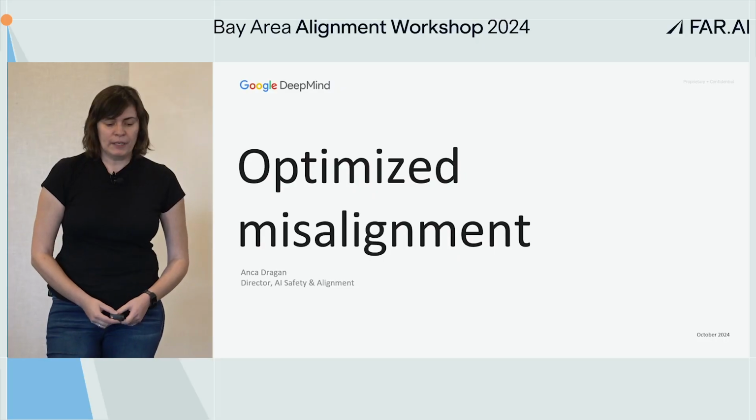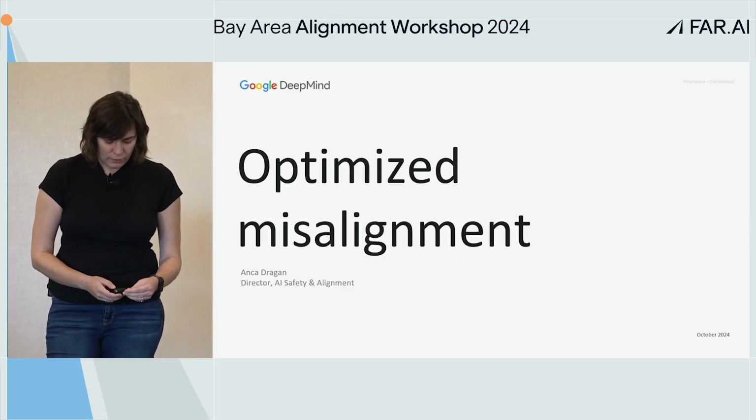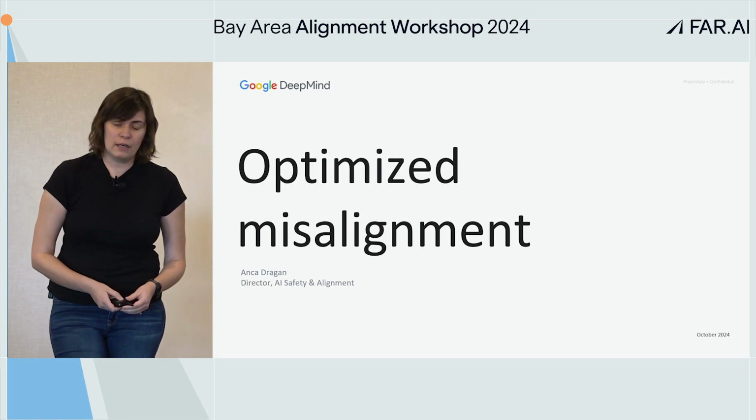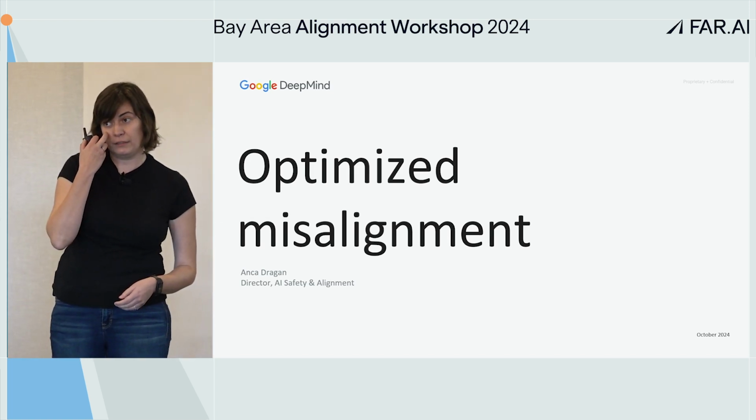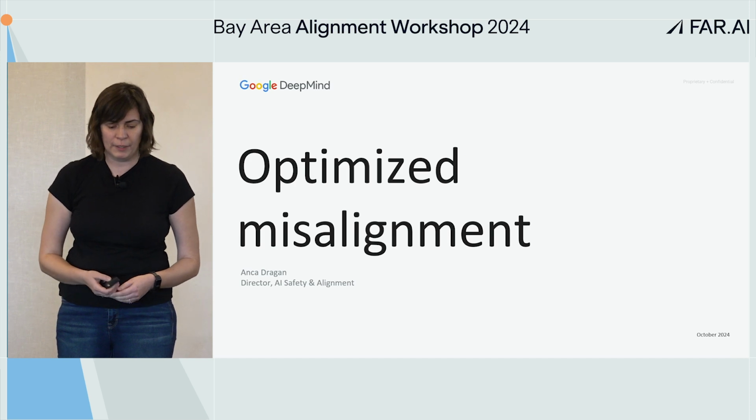If you've been in the community for a while, it's really just my advice to you, my sharing with you about how to maybe talk about these things with others. And in particular, there are many types of threats, like Adam was saying. The thing that we're going to focus on today is particularly what we call optimized misalignment.